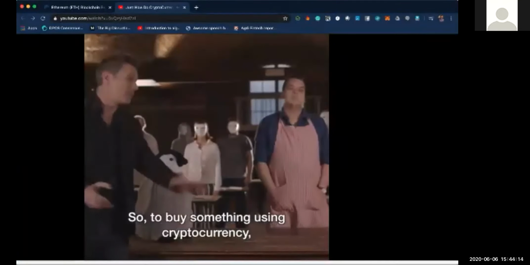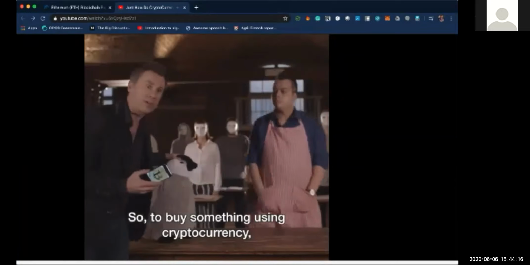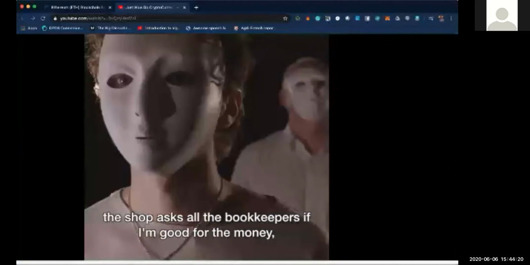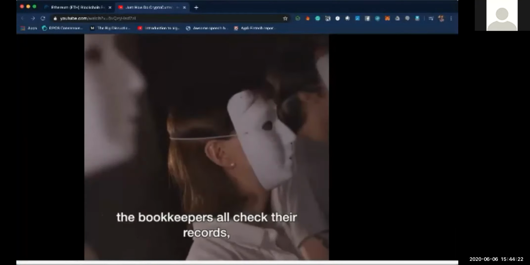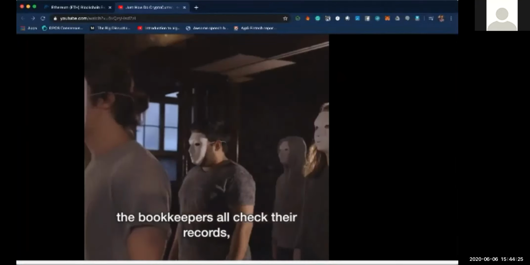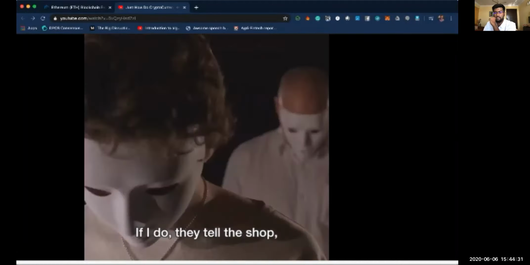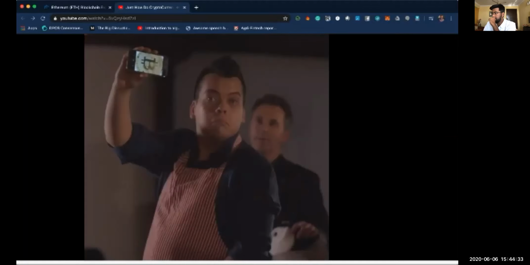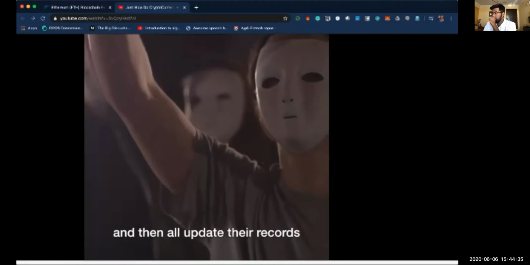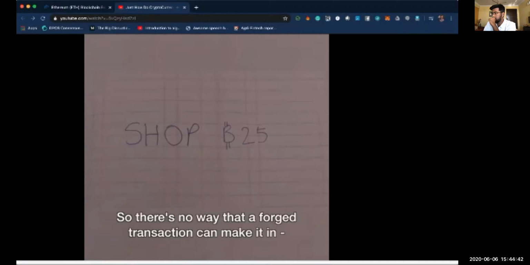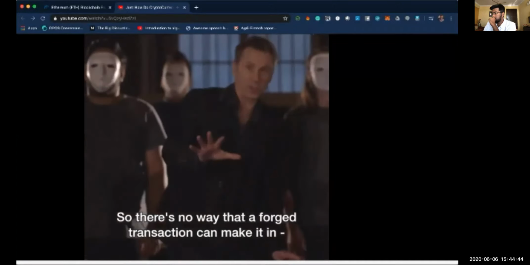So, to buy something using cryptocurrency, I give the shop my details. The shop asks all the bookkeepers if I'm good for the money. The bookkeepers all check their records to see if I have enough. If I do, they tell the shop, and then all update their records to show the movement of money. So there's no way that a forged transaction can make it in.